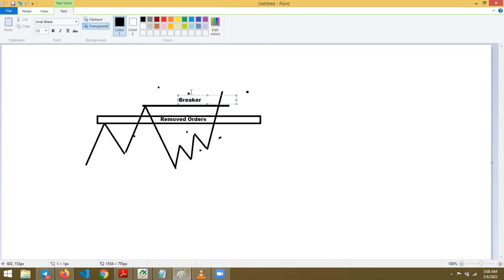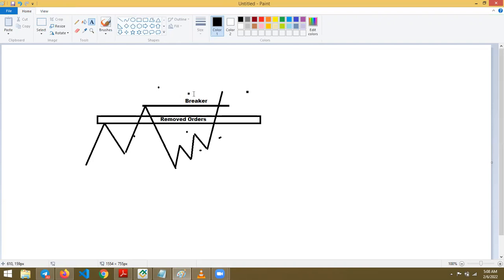So now, as a result, 1, your stop loss has been hit. 2, the zone has been broken. And 3, the smart money have removed their orders. So now this is a perfect scenario for a counter attack. So now the counter attack helps in confirmation of change of trend. Most times, if the trend is changing, most of the time you'll have scenarios of what we call the counter attack.